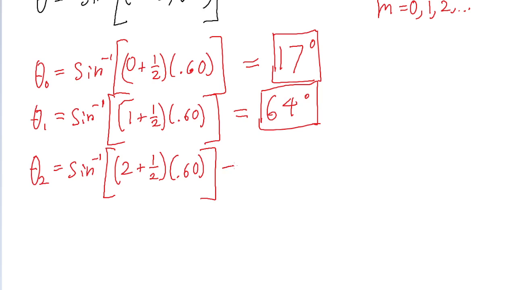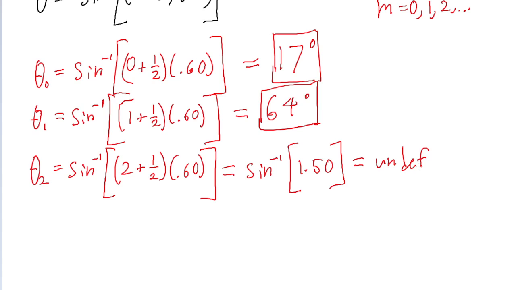And notice in this case that if we simplify the stuff in the middle, this is equal to the arc sine of 1.5. So if we were to put this into a calculator, then we would get an undefined error. The inverse sine function does not work this way. And even if it could, it wouldn't make physical sense anyway, because the arc sine of 1.0 is equal to 90 degrees.